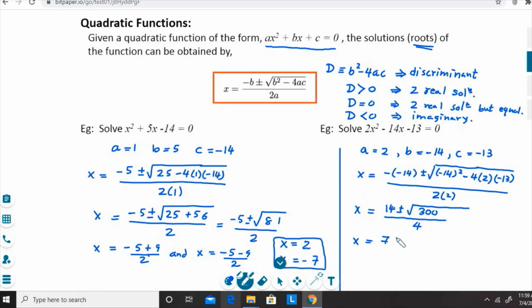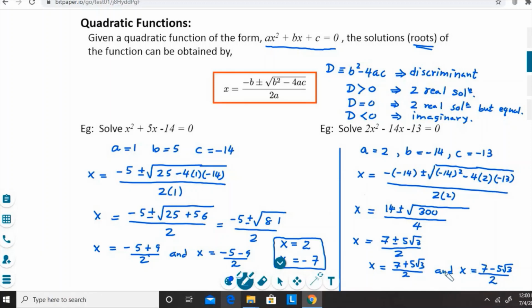You get 7 plus or minus 5 square root of 3 divided by 2. So your answers would be x is 7 plus 5 square root of 3 over 2, and x is equal to 7 minus 5 square root of 3 over 2.